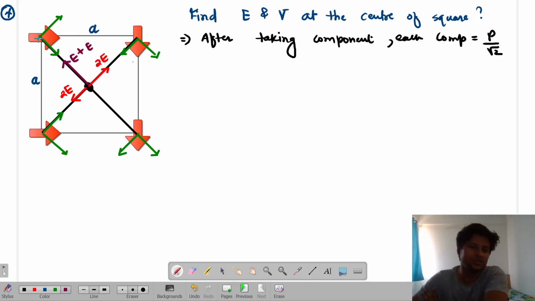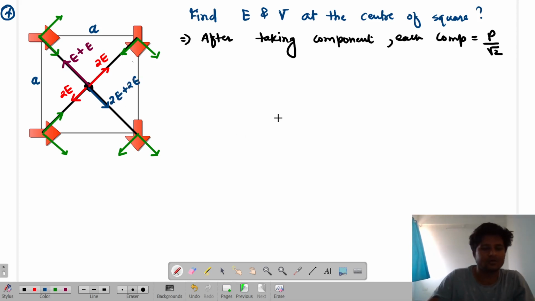Now look over here. Once again, I'm solving now this diagonal. So for this, the electric field is twice E, isn't it? And for this also, the electric field is same, twice E. So twice E plus twice E for both the axial regions. Are you able to get me or not? Now perpendicular one is left.